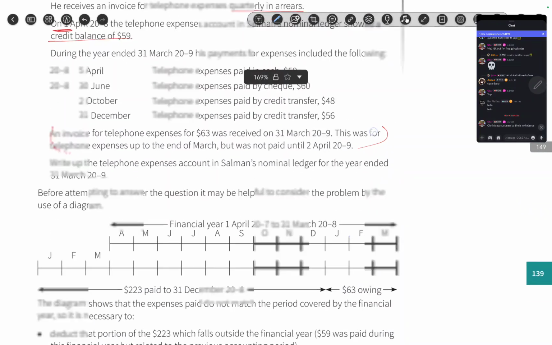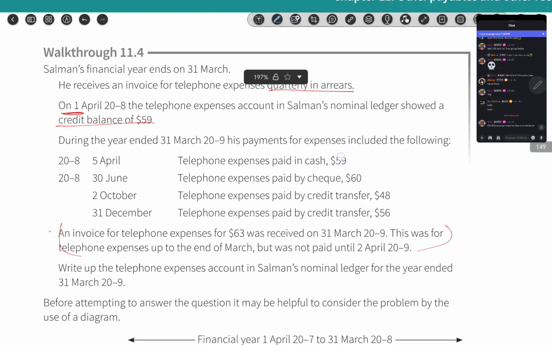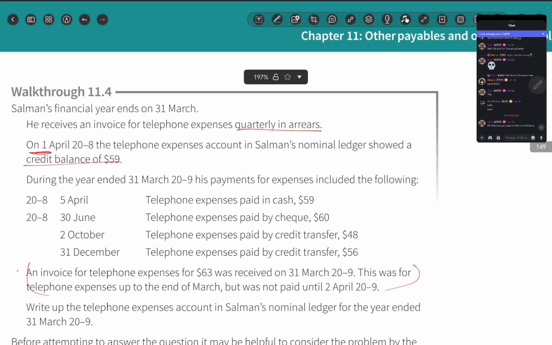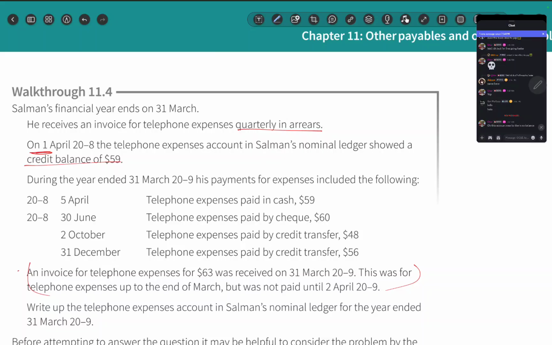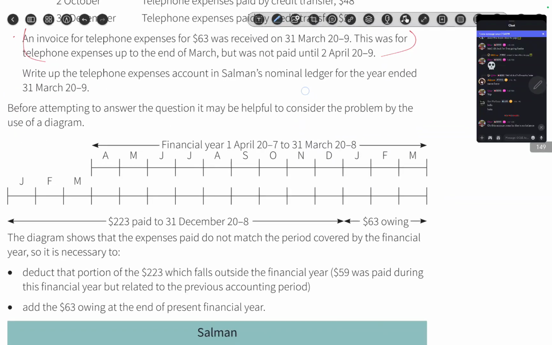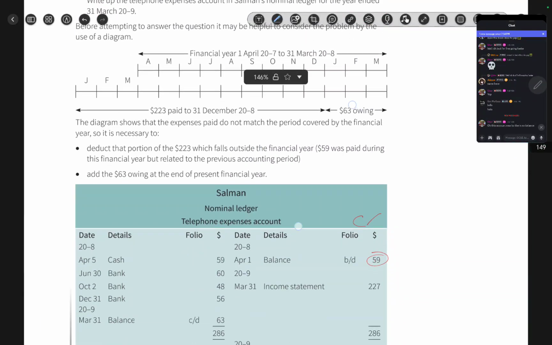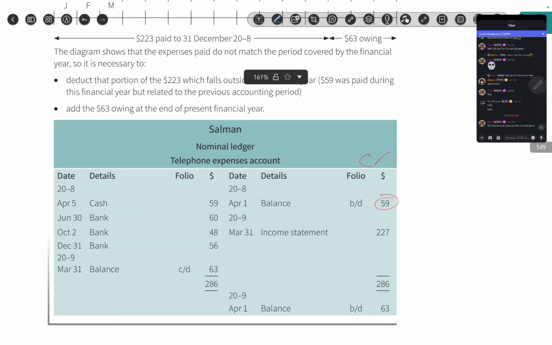Now look at this example. They said that it's in arrears, meaning that after using the service he pays. We have our first example here, $59 at 1st April. Why is this 59 balance b/d and what does this mean? This means that it's an accrued expense.